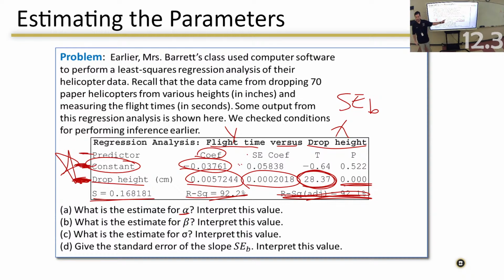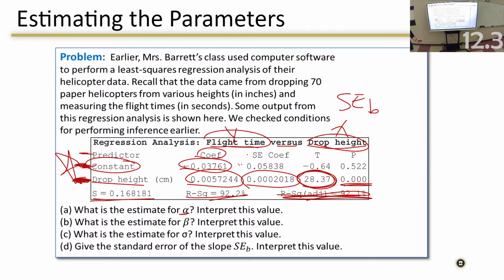Okay, now I want to interpret that. Well, y'all remember how we describe the y-intercept. That's the value when x is 0. So when the drop height is 0, the flight time was negative 0.03761, which makes no sense.